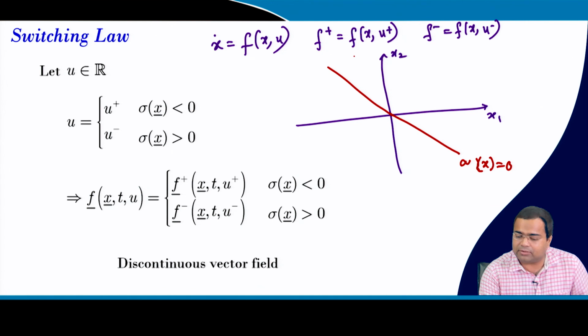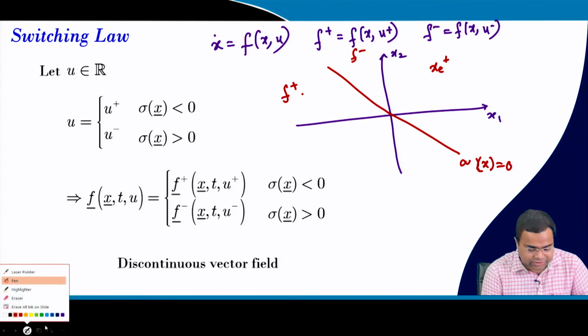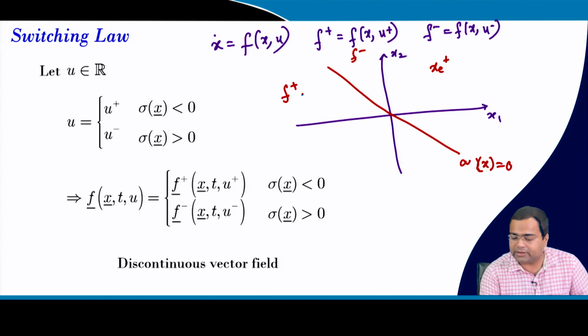On this side we take u plus, so this is my f plus and this is my f minus. I told you that for f plus the equilibrium point x e plus should be on the other side, so that the trajectory will try to cross the line.